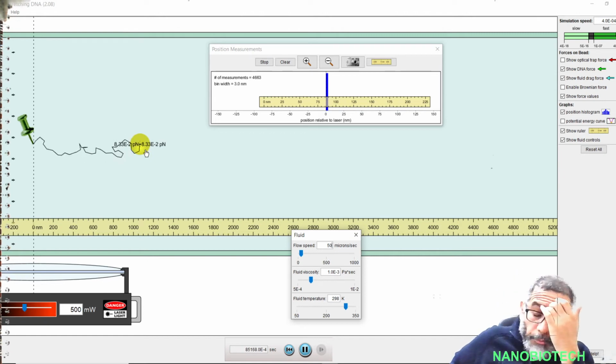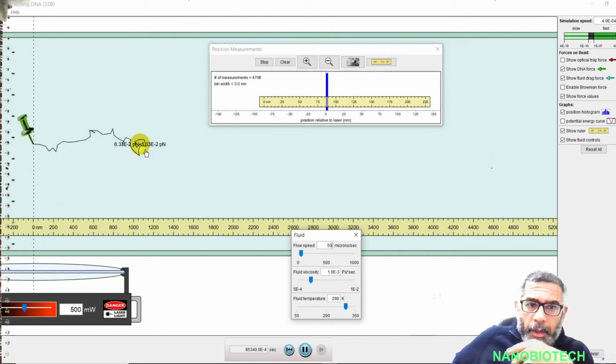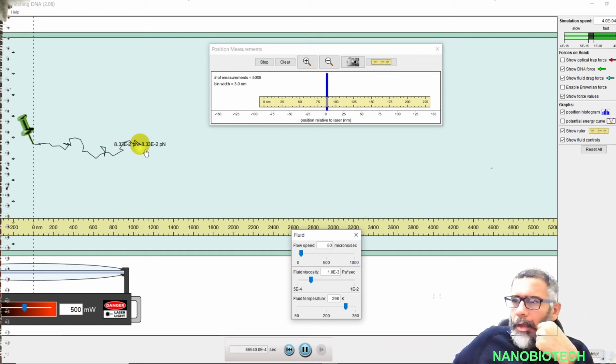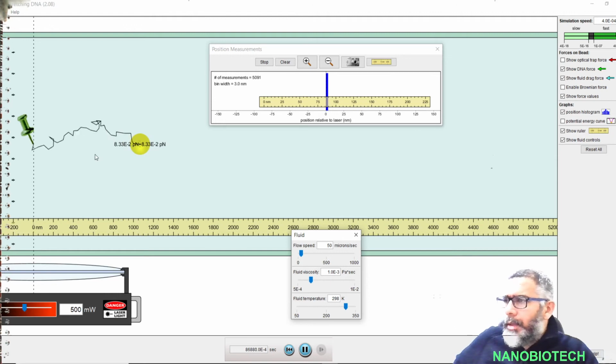Okay, so this way you can give some flow, and this flow will produce some drag force, and that drag force can be measured by just looking at the numbers over there on this sphere. And well, what is the location of the sphere?